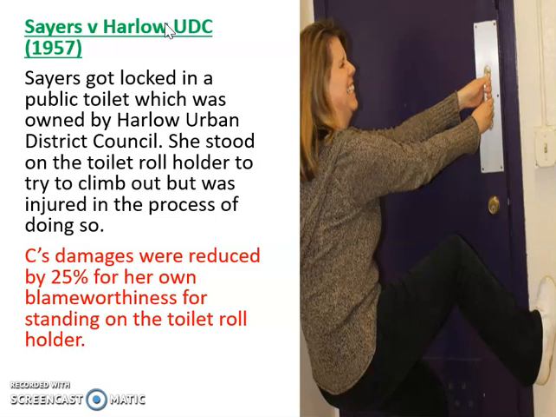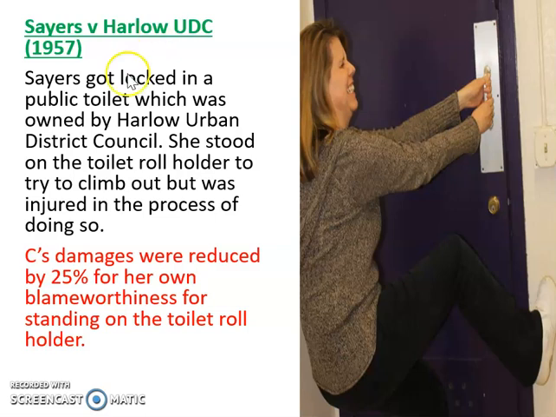But as you might expect, the toilet roll holder couldn't hold her weight. It sheared off the wall and she fell and was injured. This is one I've got to try not to laugh at. She was okay, but she's suing the council for negligence in having this broken toilet lock, basically.